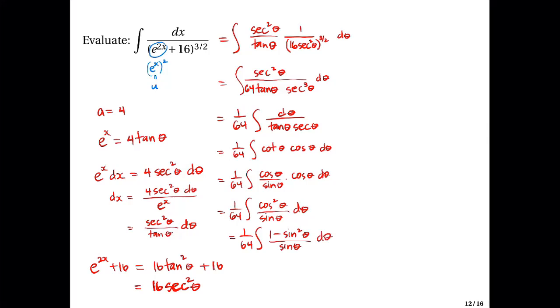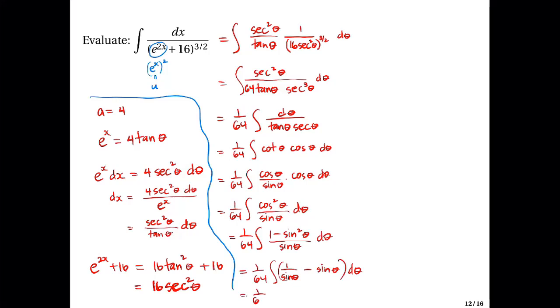And then you'll just separate them. You have 1 over 64 integral of 1 over sine theta minus sine theta d theta. Or simply, you have 1 over 64 integral of cosecant theta minus sine theta d theta. Okay? And then let us continue on this side here.